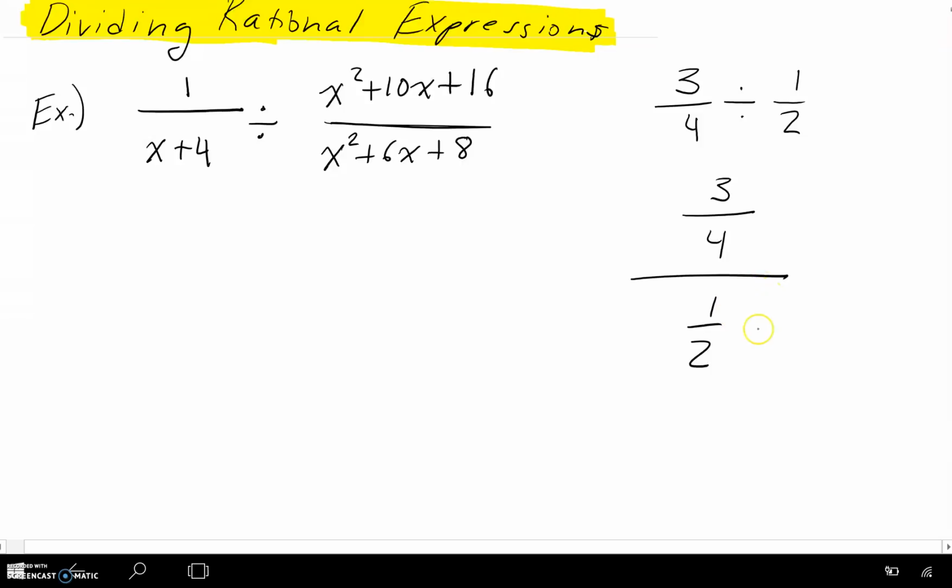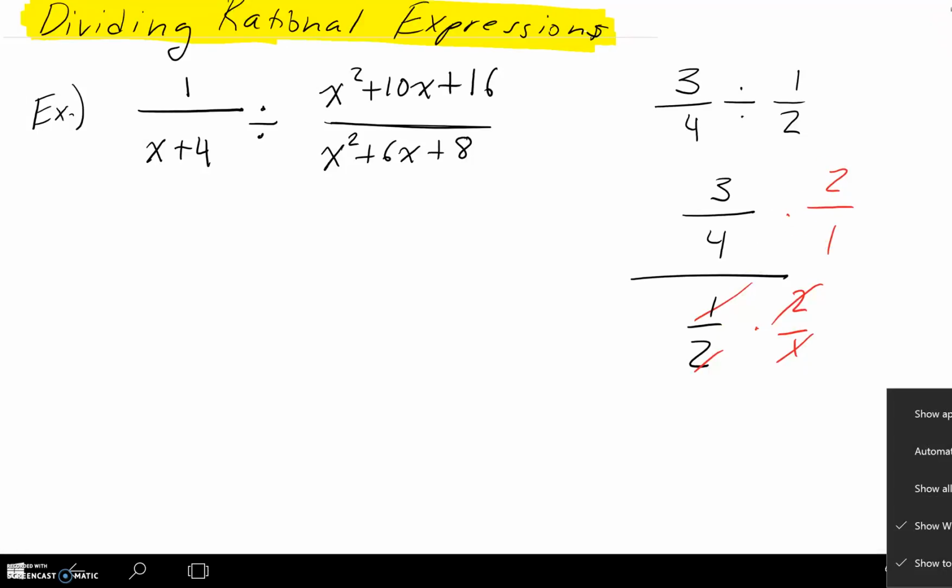I don't like that. So to undo that, I am going to multiply by the reciprocal of the denominator. So cancel these out so they are 1. Multiply that by the reciprocal of the denominator.